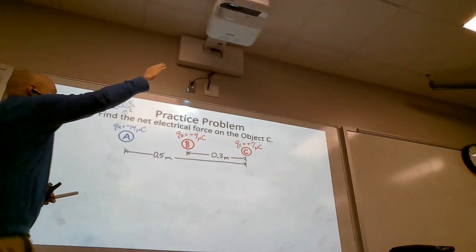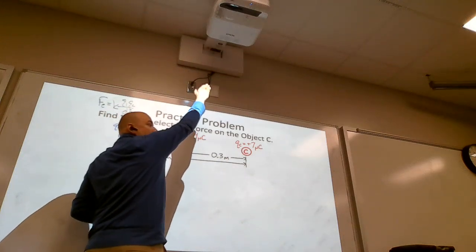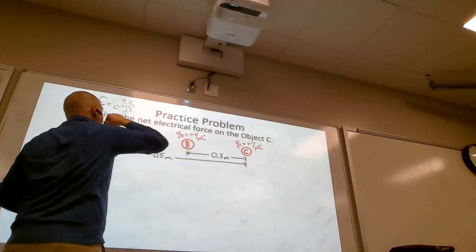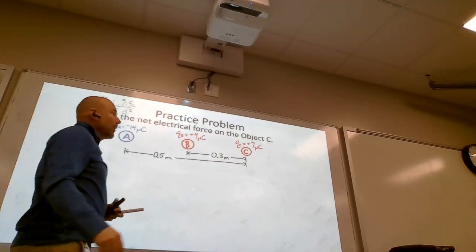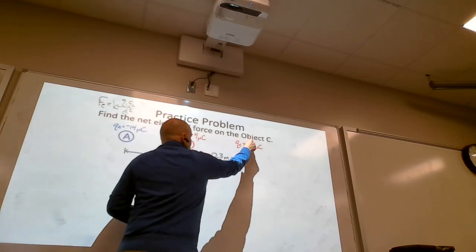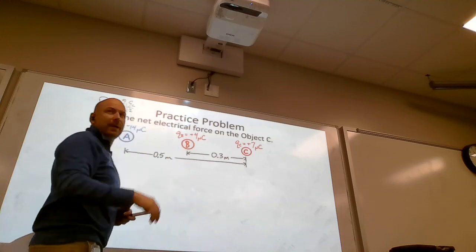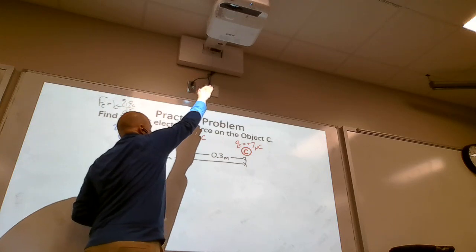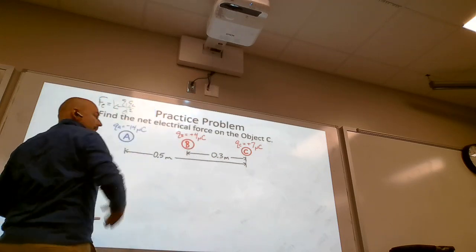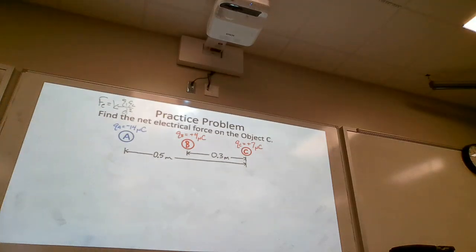We're going to take the pair of A and C, and then the pair B and C. We're looking for the net electric force on object C. Take it in pairs and make sure C is always one of those pairs. If you're tracking with me, see if you can beat me to the answer.